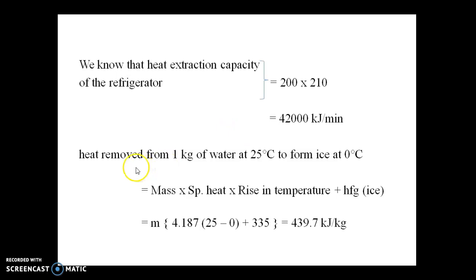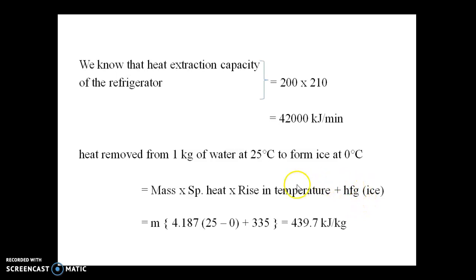Then next, heat removed from 1 kilogram of water at 25 degrees Celsius to form ice at 0 degrees Celsius. In order to convert water into ice, we should remove heat from the water. The amount of heat to be removed is mass of the water times specific heat of water times rise in temperature, plus latent heat.